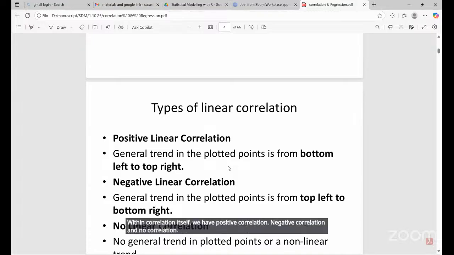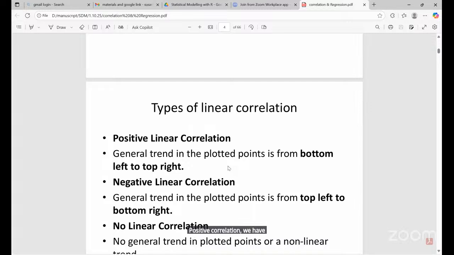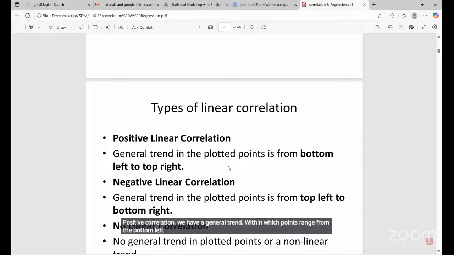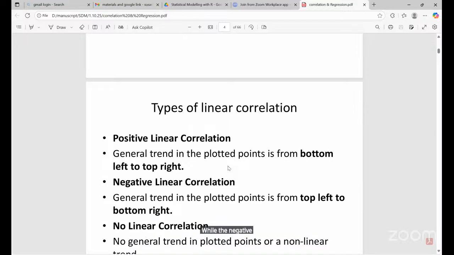Positive correlation, we have a general trend within which points range from the bottom left to the top right. While the negative correlation, points range from the top left to the bottom right. When we have no correlation, it's just a random scatter of points.